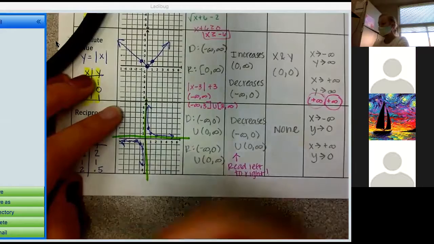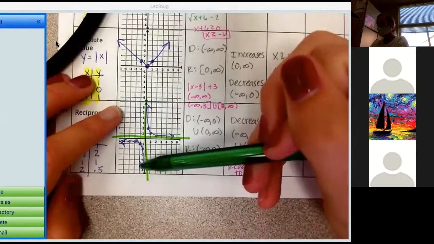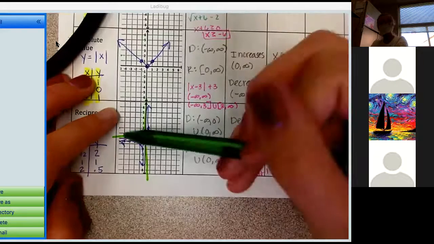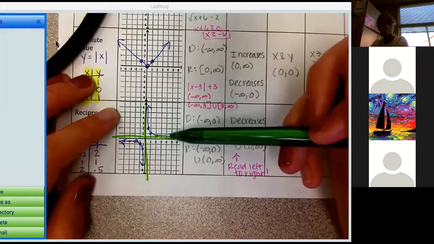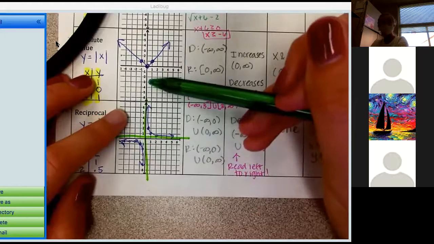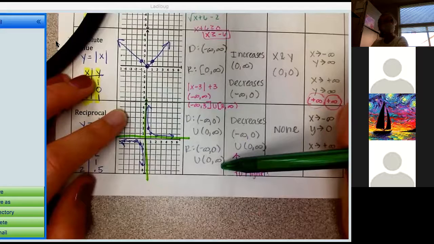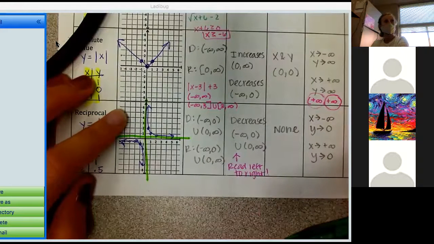Range is your y, so you start at the bottom. This arrow goes down forever, so it comes all the way up here to this asymptote, which is 0. And then it picks back up right here when it's really close to 0 and goes all the way up to infinity. We okay?